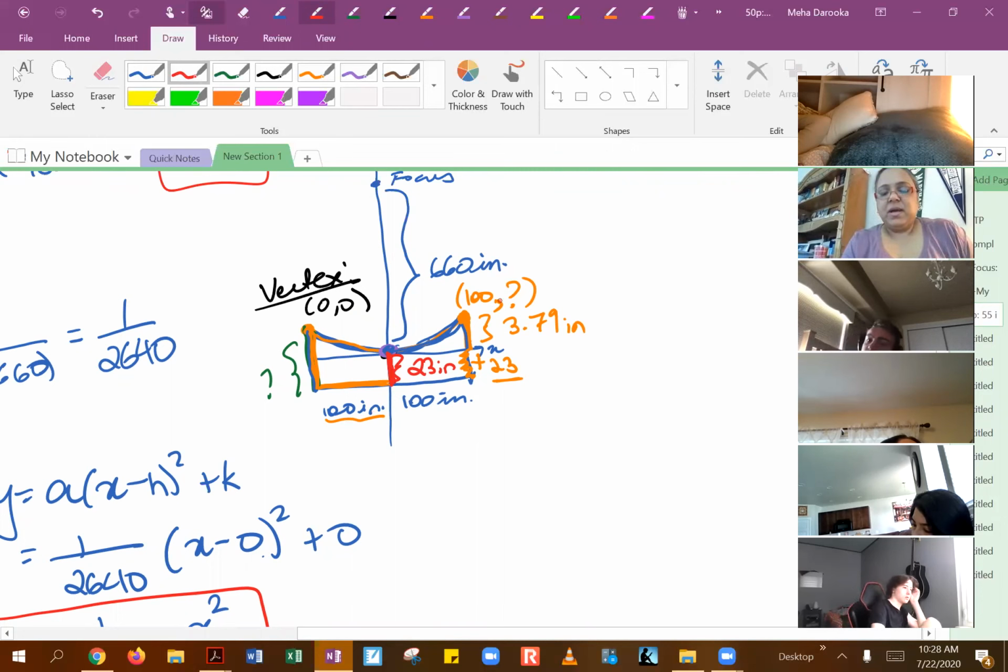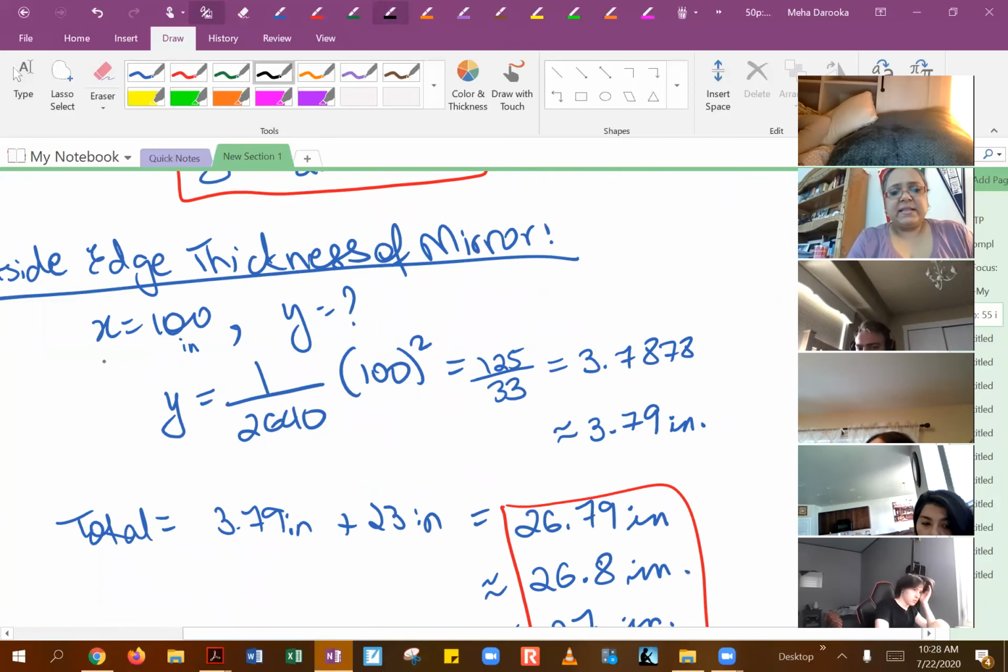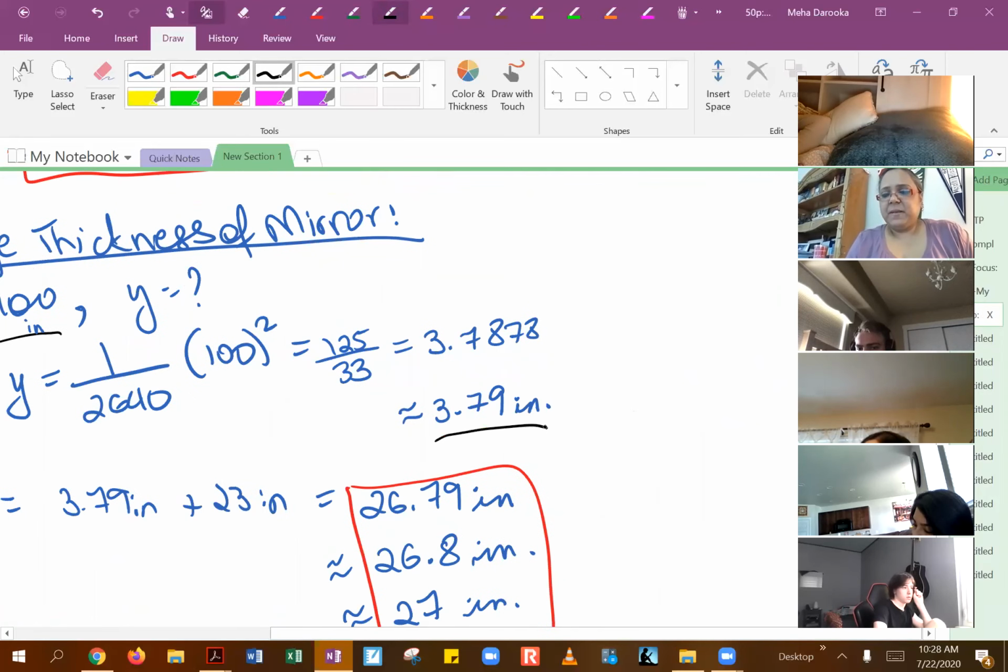So that gave you how you could come up with this point over here for our y value. So we used 100 inches as the x value, and then used that basically to find out what the y value would be, which gave us the upper part of the mirror, what that thickness would be.